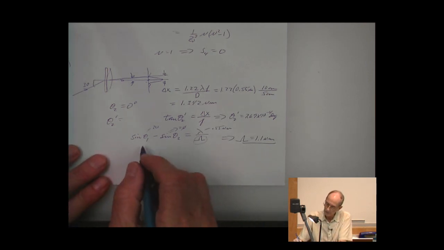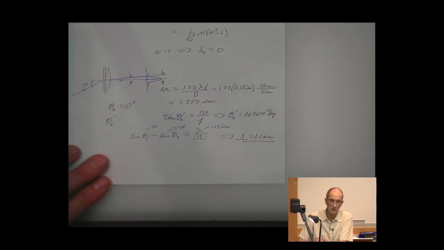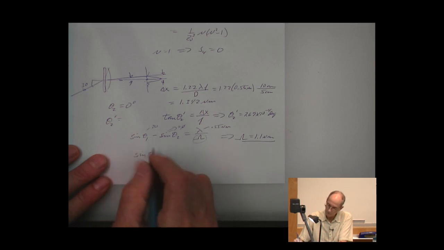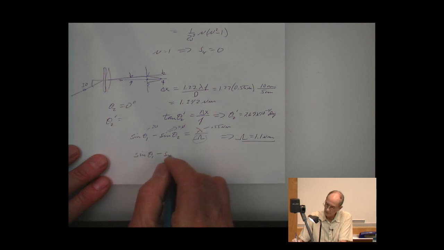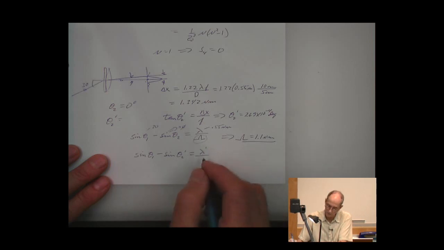That's the same period for the grating that will be used during the reconstruction phase, and in the reconstruction we're using the same reconstruction angle of 30 degrees. So we have sine of the same theta 1 minus sine of theta 2 prime equal to lambda prime, a new wavelength, over the same period.